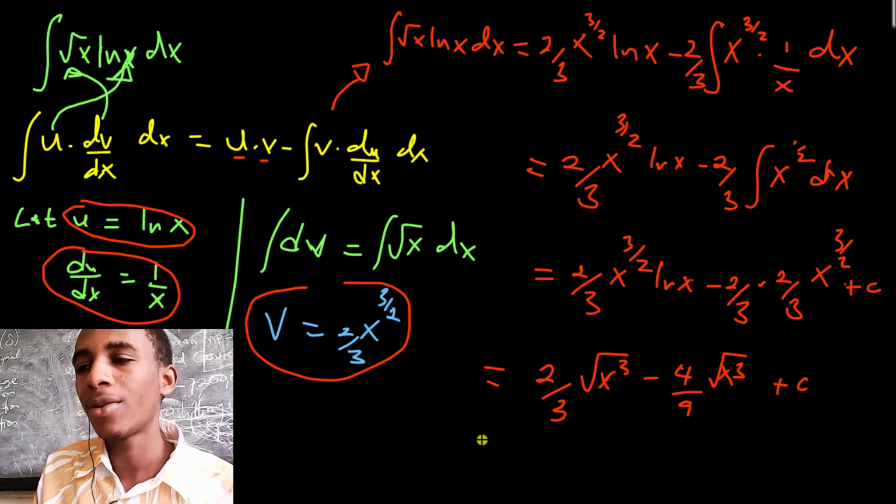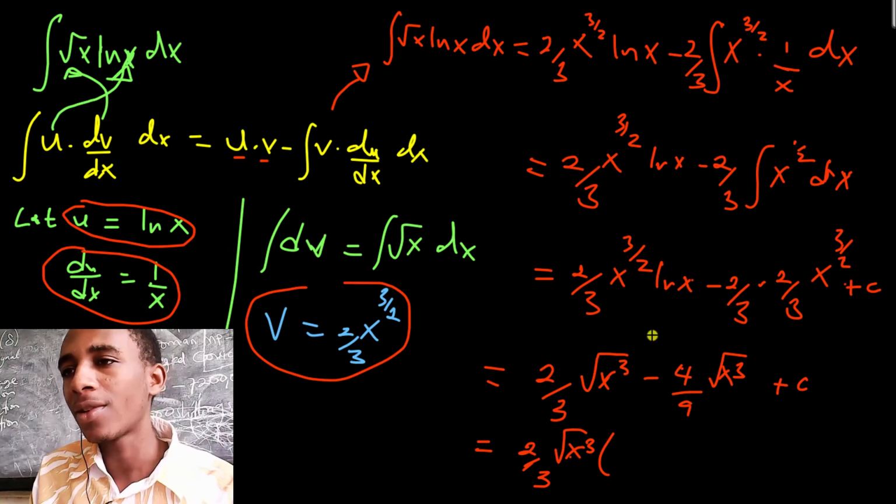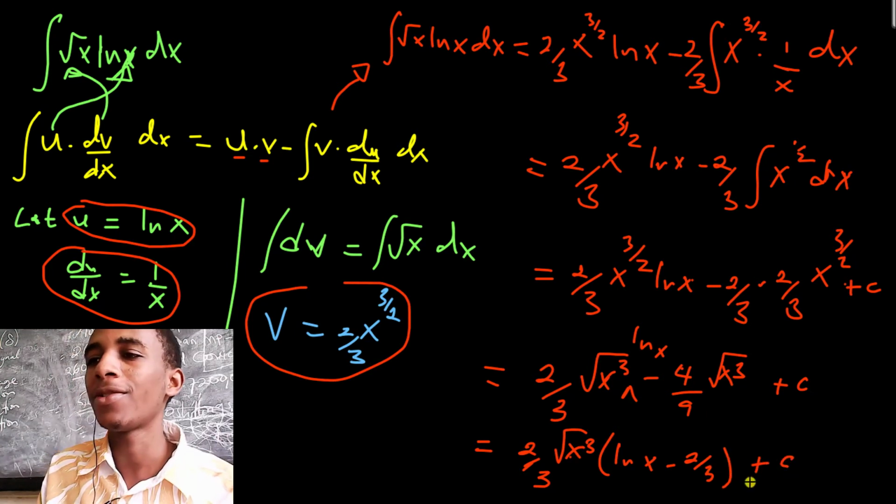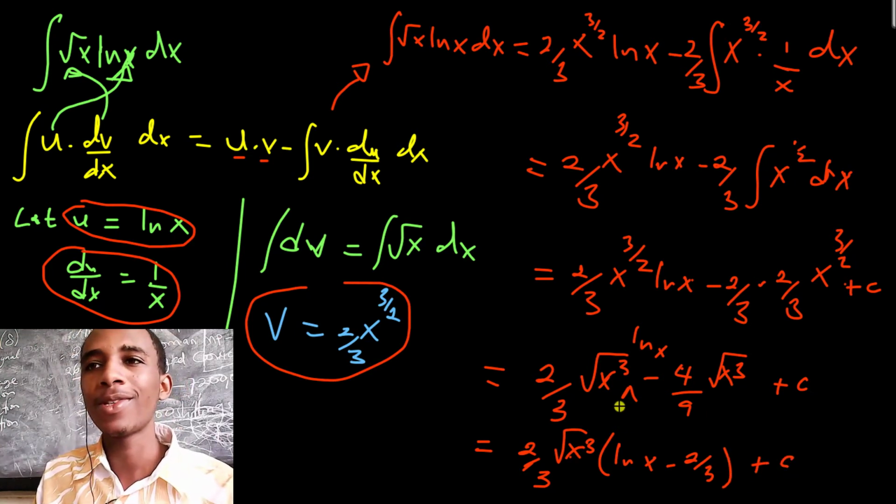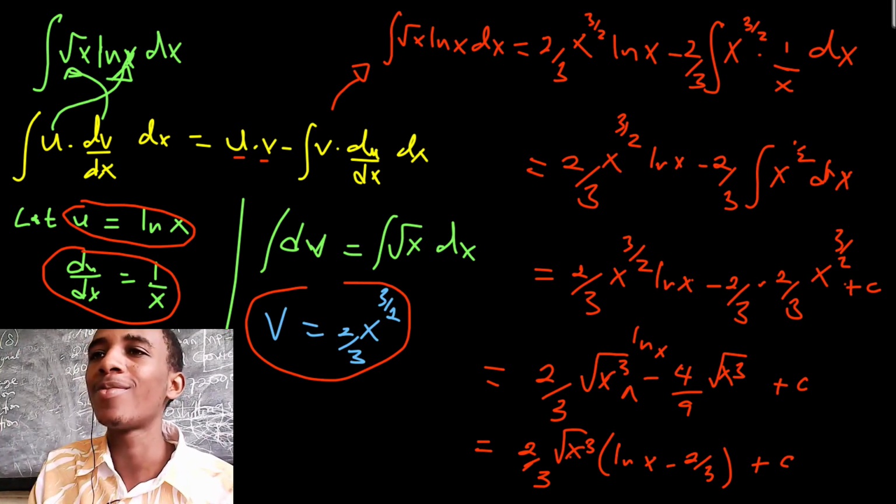c. Or I can even factorize out this 2/3 times the square root of x to the power 3, then I just need to write this natural log of x here, I forgot that. So I have natural log of x minus 2 over 3 plus a constant. So I'm going to carry all this and put it on the previous page.